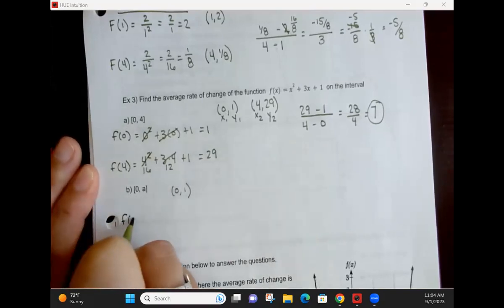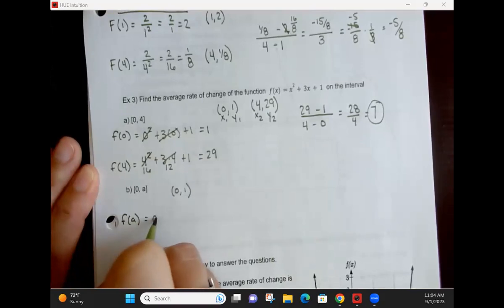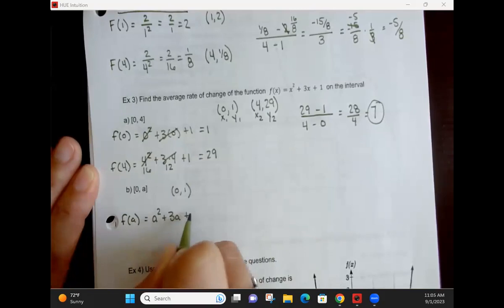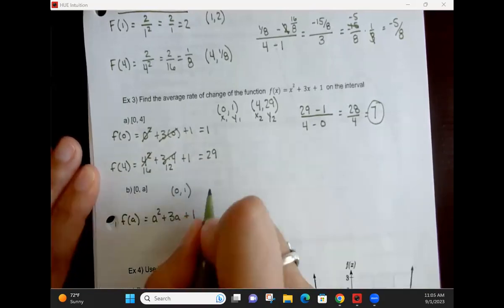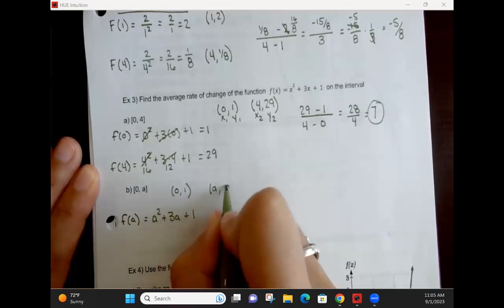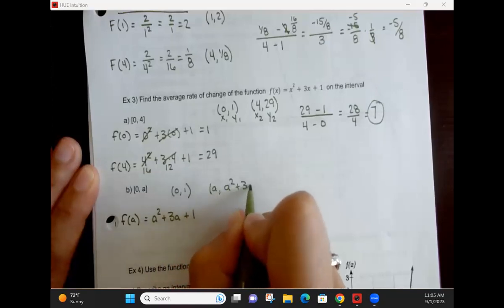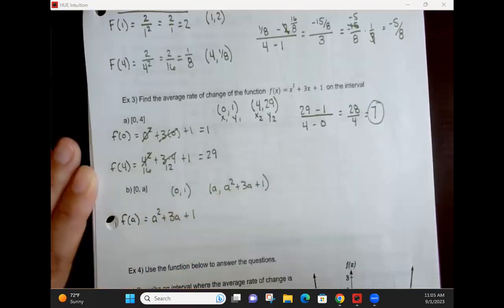Let's plug in A now. So anywhere I see an X, I'm going to plug in an A. There's nothing to simplify here because they didn't actually give me a value for A, so I'm just going to keep it as A. That makes this point a little odd, but nothing that we can't handle.